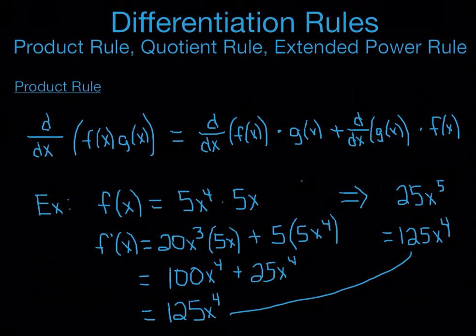So either way, we get the same thing. Now, using the product rule in this particular example might have been the longer way, but sometimes it's necessary to know how to use it. All right, so this is the product rule: the derivative of the first times the second plus the derivative of the second times the first.